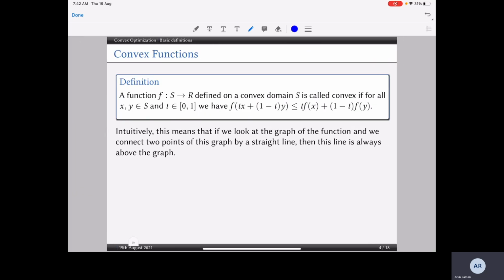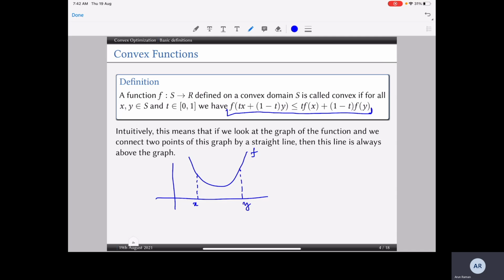Next, we move on to the definition of convex functions. The definition is kind of an extension of the definition that we have for a convex set. We can best explain the definition by drawing a simple plot. Let's say this is my function f, and we take 2 points x and y.